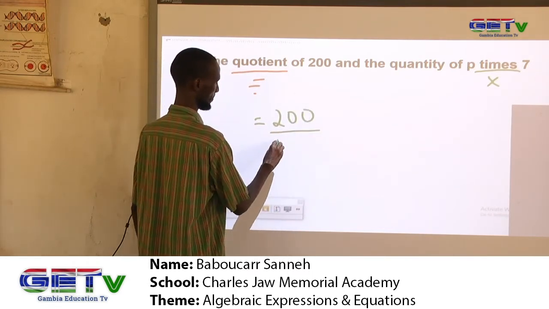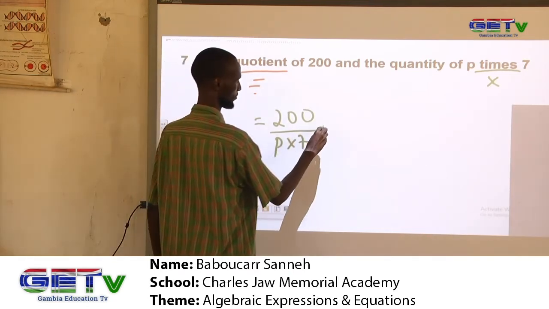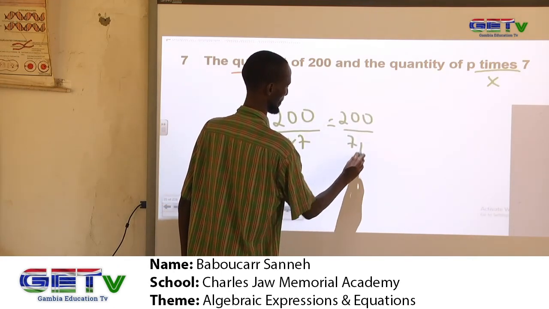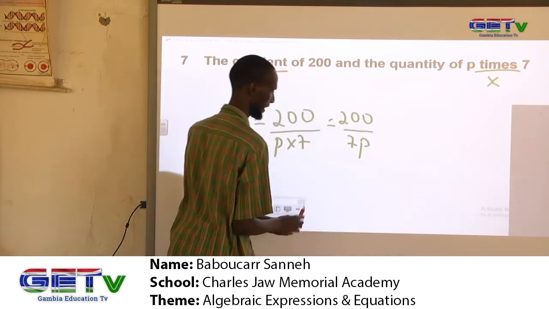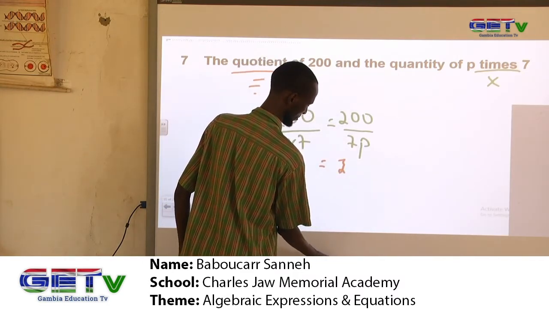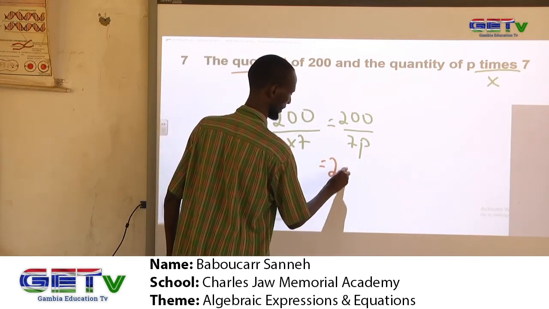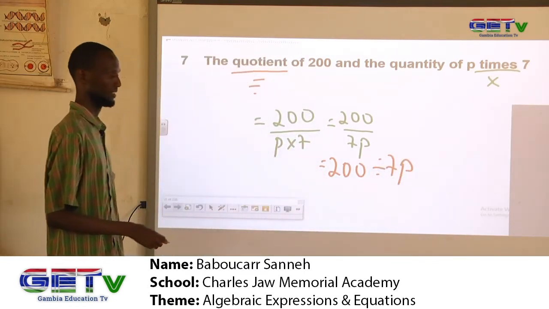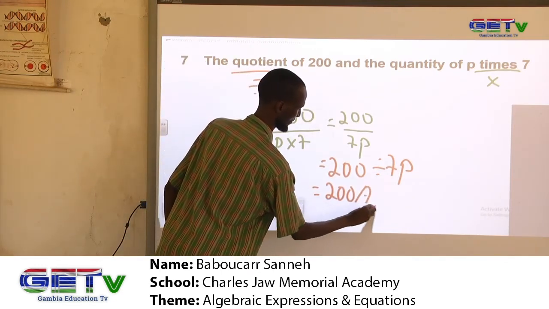over p times 7. That simplifies to 200 over 7p, which someone can decide to write as 200 divided by 7p, which is okay, or still 200 over 7p.